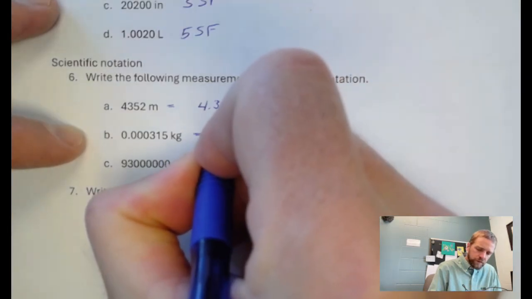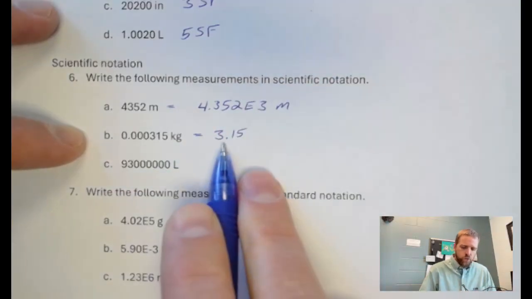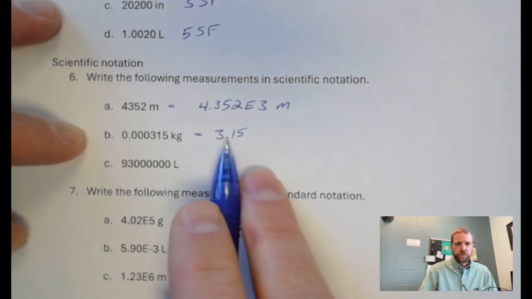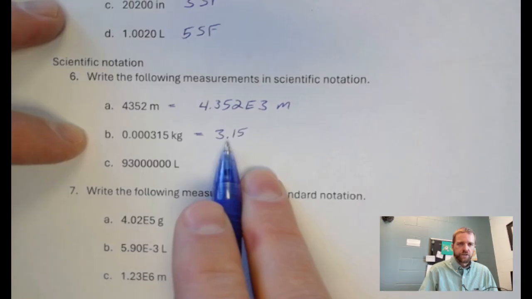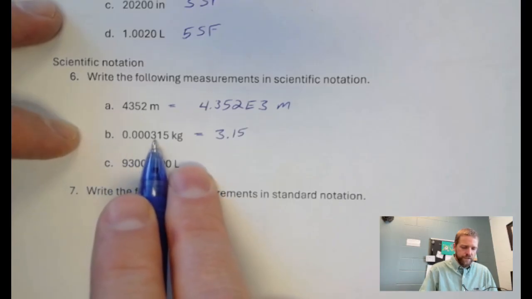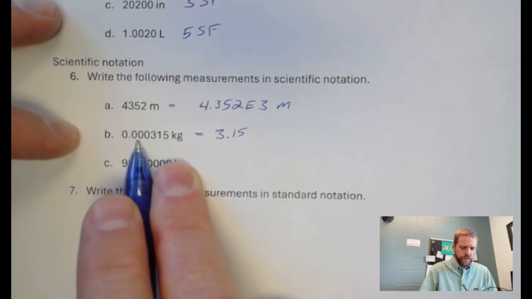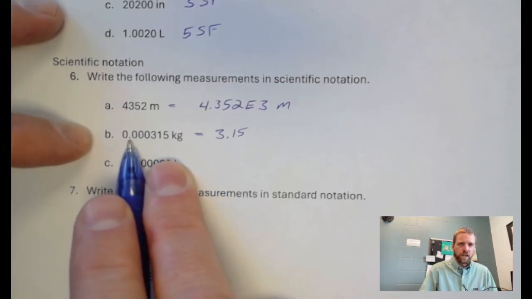All right, the next one, I can go ahead and write out the number 3.15. Remember, when we're working in scientific notation, we're typically moving the decimal to the location right after the first non-zero digit. And the question is, how do I regenerate this number? Well, I need to move the decimal 1, 2, 3, 4 spaces to the left.